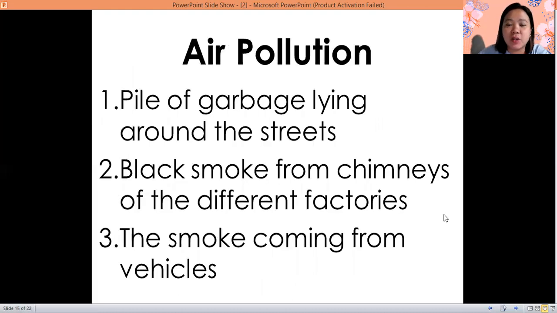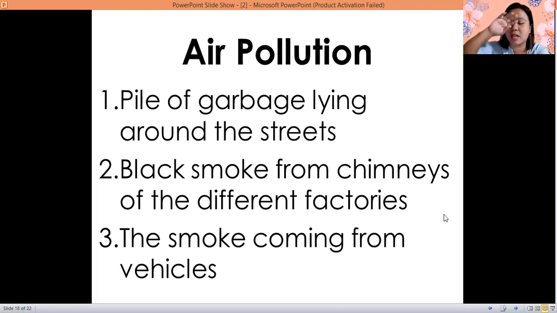Now, let's proceed to our last, the air pollution. So what is the cause of air pollution? Pile of garbage lying around the streets. So if there's garbage on the streets, it's baho, it's stinky, and then it will affect our air. Next, number 2, black smoke from chimneys of the different factories.